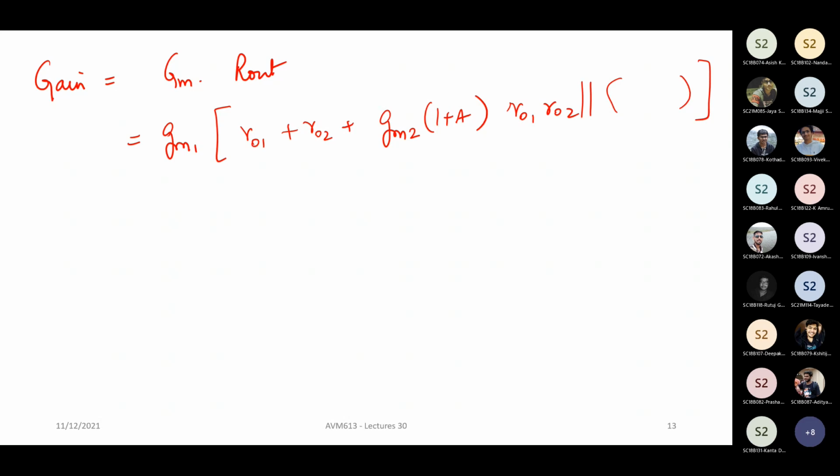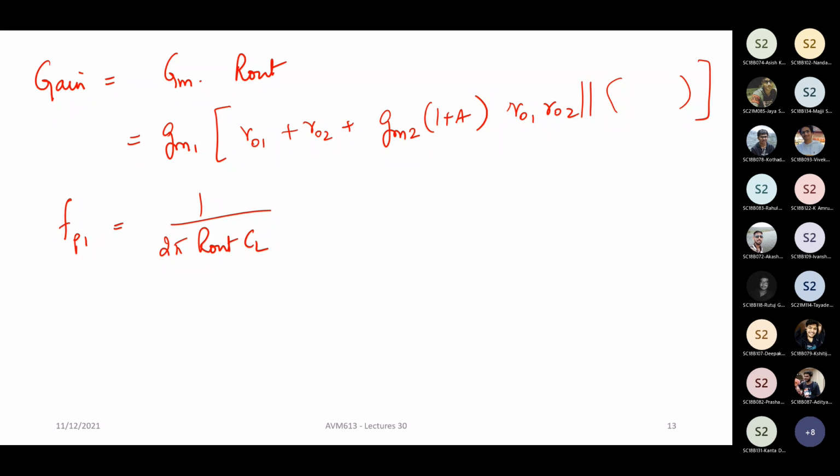Now you can also calculate the frequency response of this, right? First of all, you have a really high output impedance, and therefore the first pole is located at, let's say, 1 by 2 pi R out times CL.